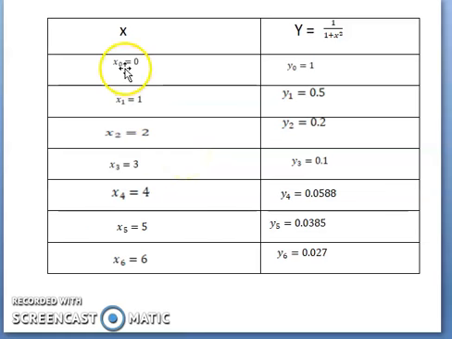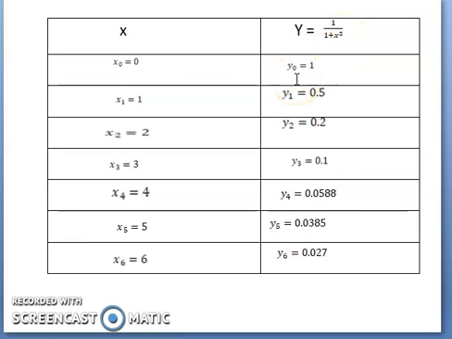Here x0 equal to 0, x1 equal to 1, x2 equal to 2. We have already defined the value of h as 1, so the difference between these values of x is 1. x3 equal to 3, x4 equal to 4, x5 equal to 5, x6 equal to 6. Now putting these values of x in the function 1 by 1 plus x squared, x is 0, that means 1 by 1 plus 0, that means 1.